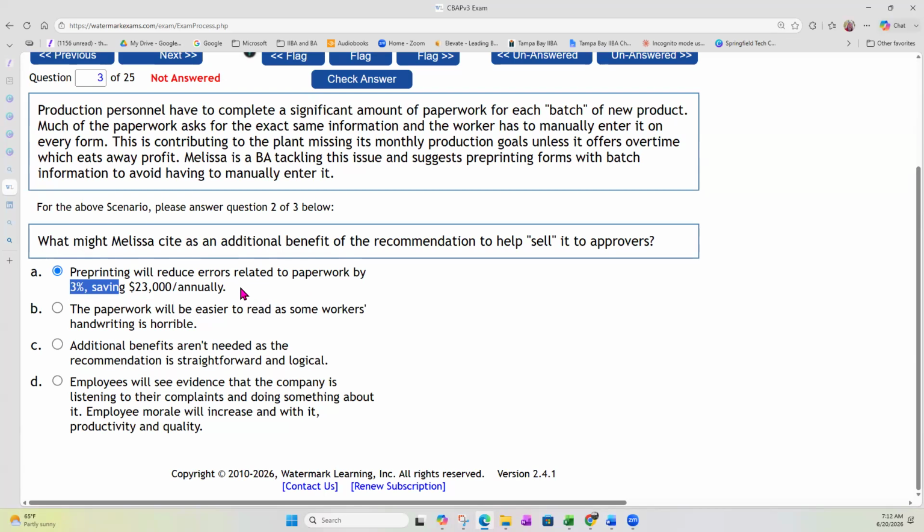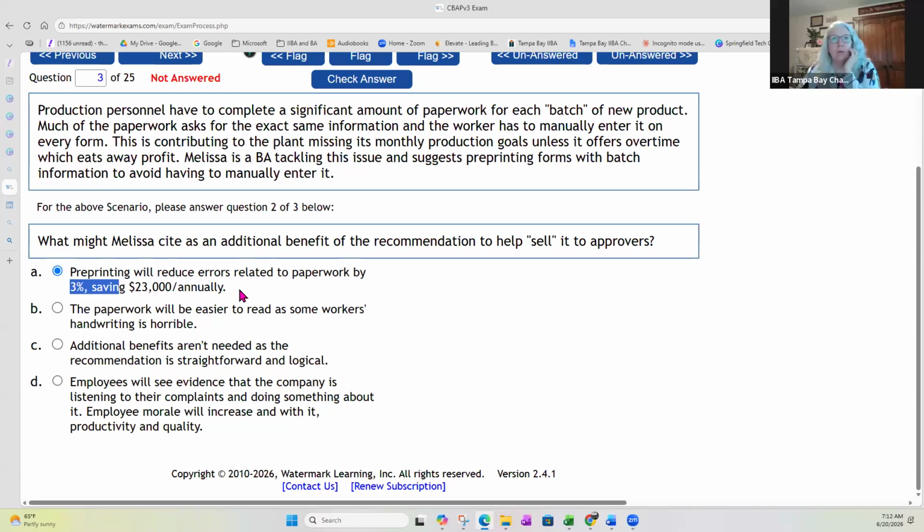Also, one thing I learned from the BABOK case, when you're trying to present things to approvers, one major thing is giving them the cost, letting them see the cost of not doing it. And this one quantifies it to them and makes it clearer. So for me, that's why.